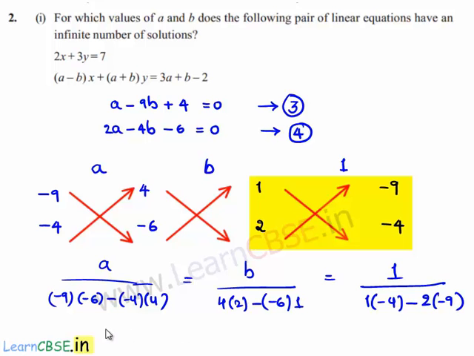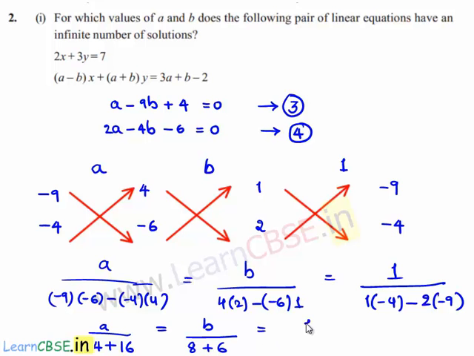Now this becomes a divided by minus 9 multiplied by minus 6 is plus 54, and minus of minus is plus, 4 multiplied by 4 is 16. This is equal to b divided by 4 multiplied by 2 is 8, minus of minus is plus, this becomes plus 6, which is equal to 1 divided by minus 4, and minus of minus is plus, 2 times of 9 is 18.